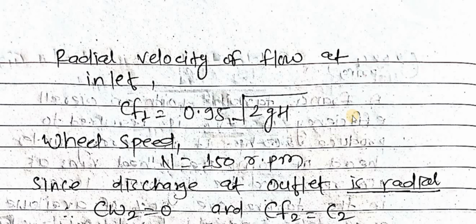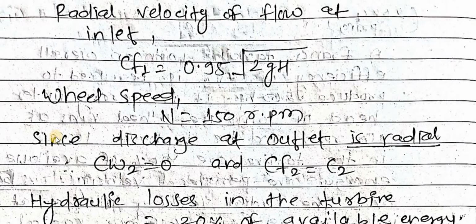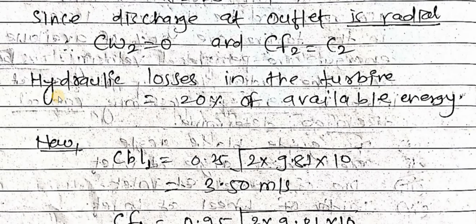Since the question already says the discharge is radial, assuming radial discharge at outlet, that is Cw2 equal to 0 and Cf2 is equal to C2. And hydraulic losses in the turbine are 20% of the available energy.